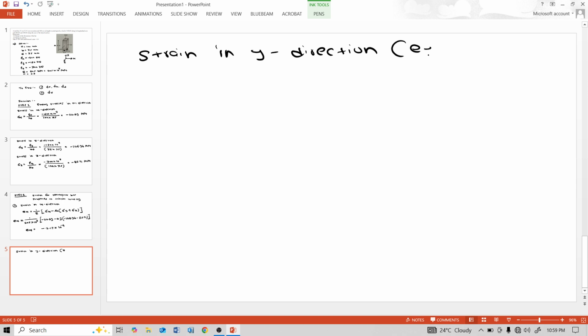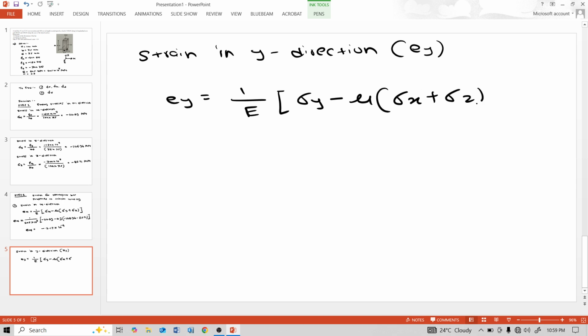Strain in y direction: Ey is equal to 1 upon Young's modulus multiplied by the stress in y direction minus mu in bracket stress in x direction plus stress in z direction.